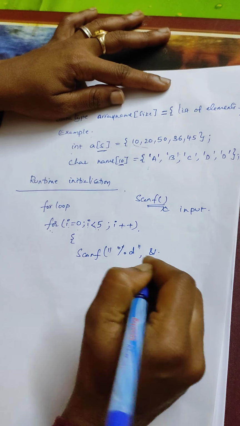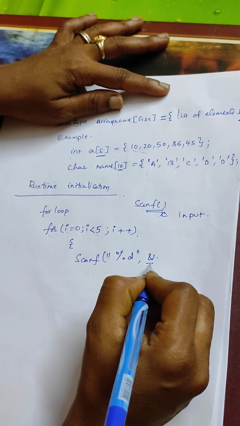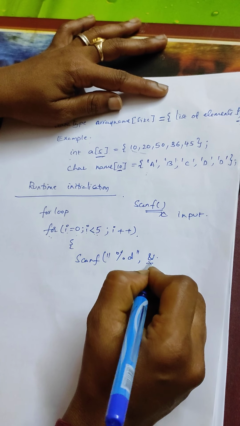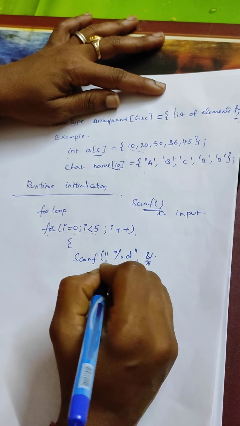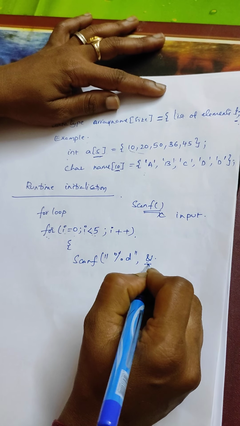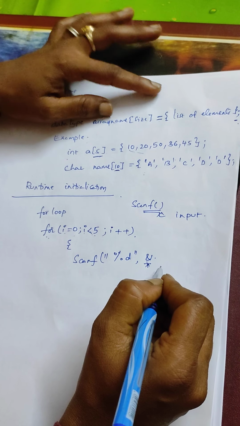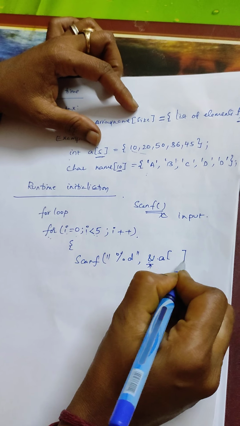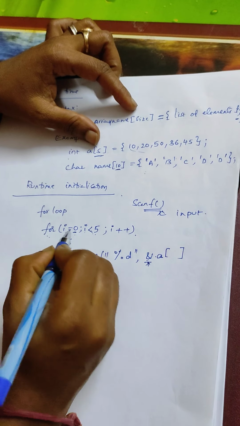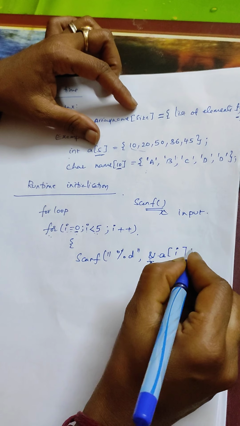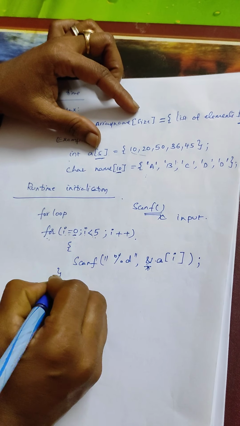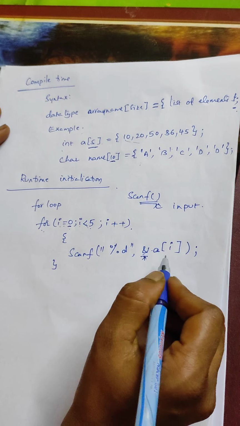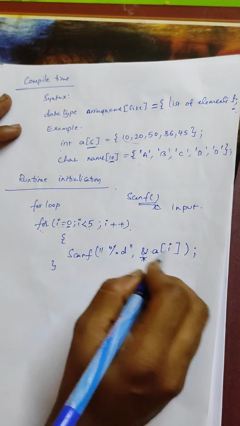I can provide the address of my array element. The address of any variable or array element can be taken by using the ampersand symbol. So don't forget, in a scanf statement you must give an ampersand symbol to refer to the address of that variable. Here my array name is A, so I give A, and I want to read the position of i, so I give i. Now semicolon. So this is how you can read content from the keyboard into your one-dimensional array.